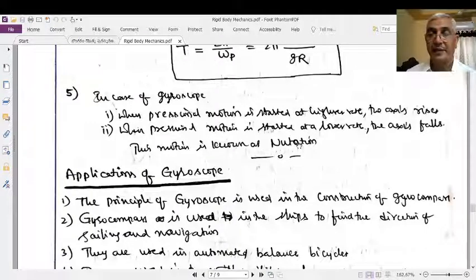All these motions take place in the gyroscope depending upon the gravitational force acting on it, at different places, depending upon the orientation. But this is not affected by the motion of the vehicle where it is placed, such as the motion of the aeroplane.